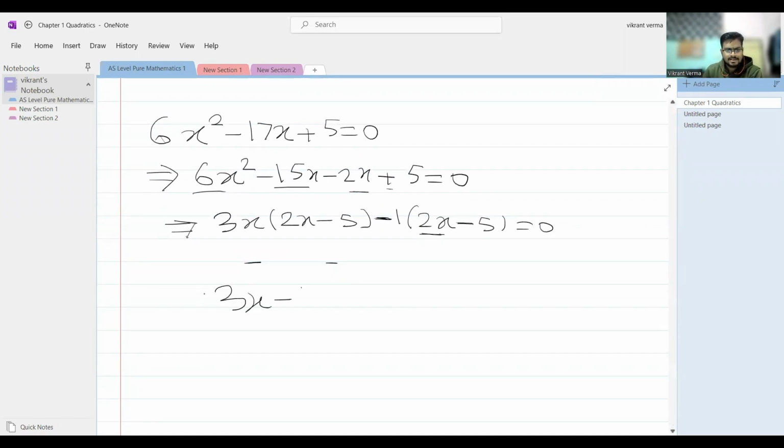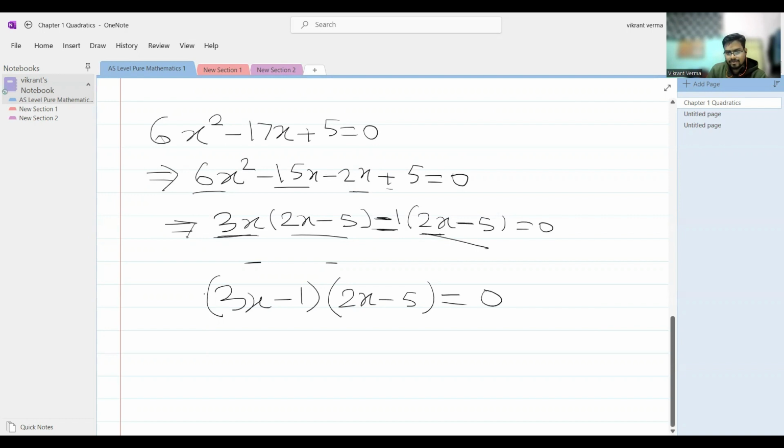This will become 3x minus 1, because the 3x part is there, and the next term is minus 1, and it will be multiplied with 2x minus 5. Why? Because this 2x minus 5 term is common in this entire equation, so that can be taken outside and this will become 0.